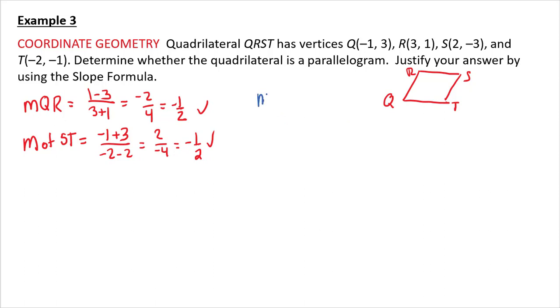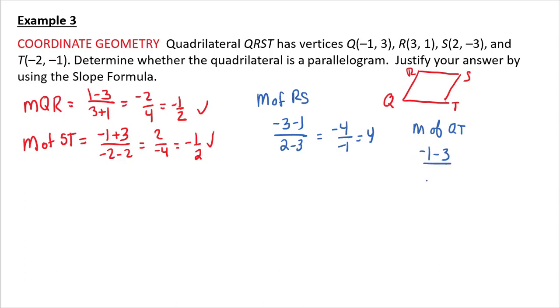So I need to find the slope of RS. The slope of RS is equal to negative 3 minus 1 over 2 minus 3. And then I need to find the slope of QT. That is negative 1 minus 3 over negative 2 minus a negative 1. I said 2 and my hand wrote 3.